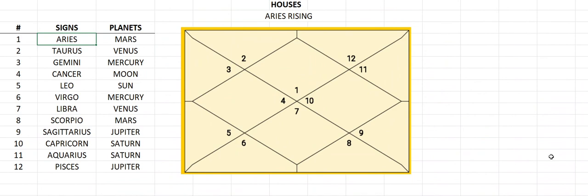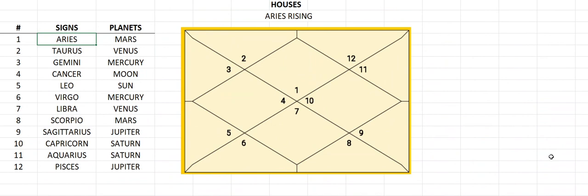The fifth sign is Leo, and Leo is ruled by the planet Sun. Followed by the sixth sign, Virgo, which is ruled by Mercury.